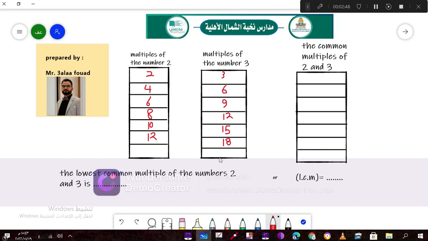So those are the lists of multiples that we need. Now we check whether they have any in common, whether they share any partners. Looking at both lists, they have the numbers 6 and 12 in common.